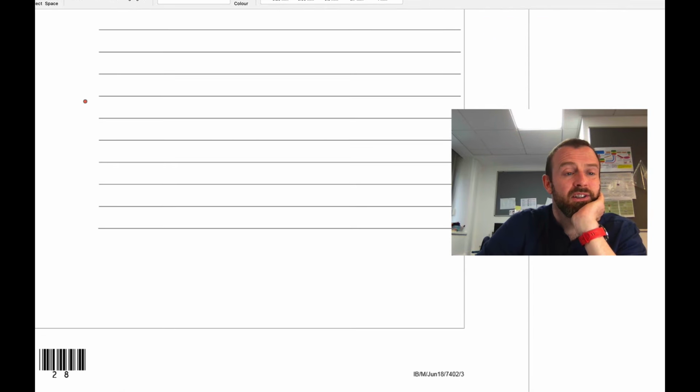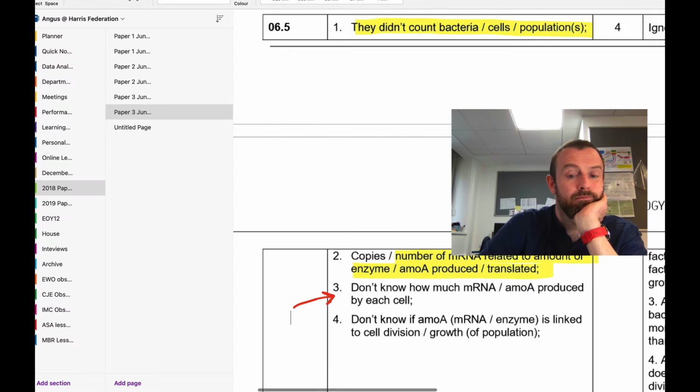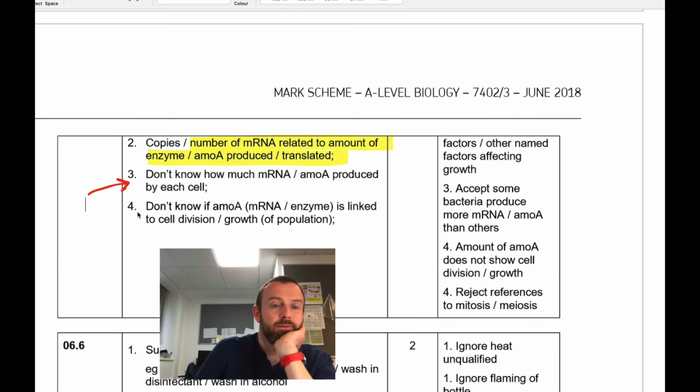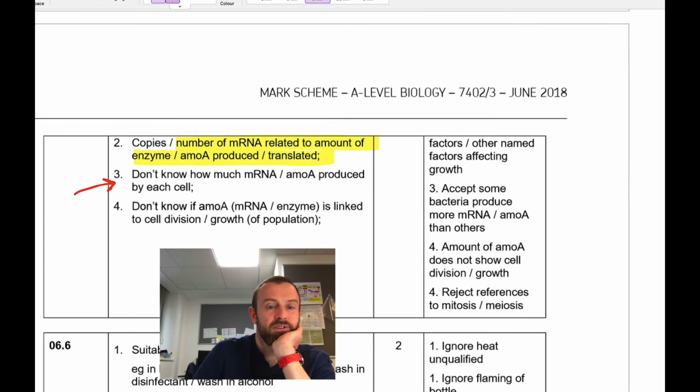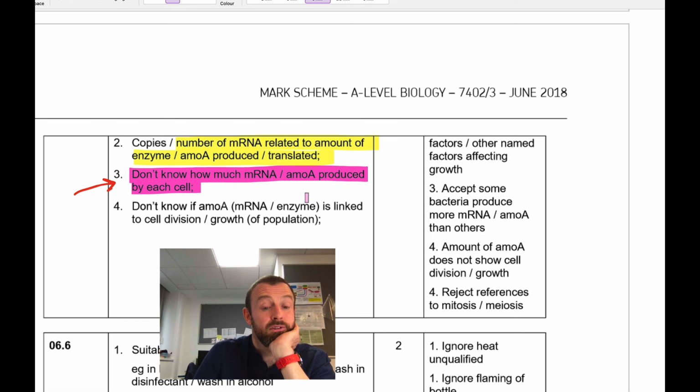And we don't know. That's the answer. We don't know which one it is. Seems like a strange method. Yeah, this is a sensible thing to say. We don't know how much mRNA is being produced by each cell. Strange one. We don't know if AMO-A is linked to cell division or growth of the population.